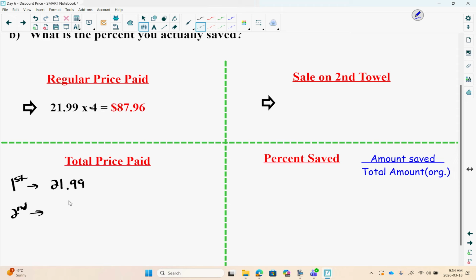If you divide 22 by 2, or if you take 50% or half off, what's that going to give you? It's $11. $10.995, so we'll round that to $11. Do you understand how I got $11 out of that?